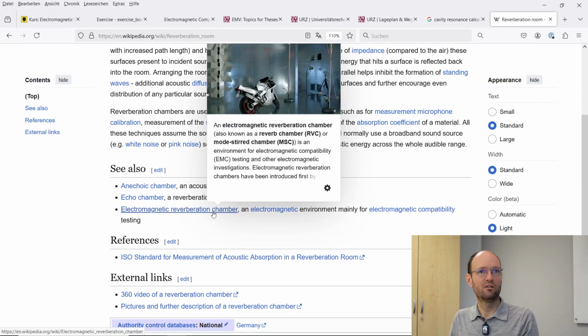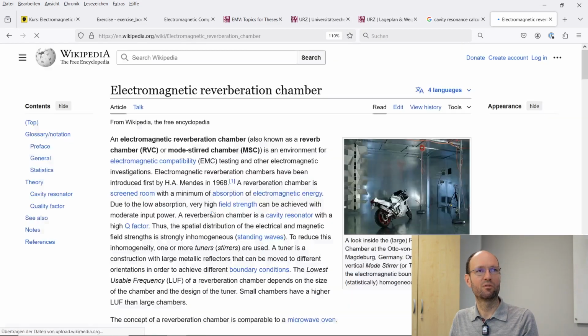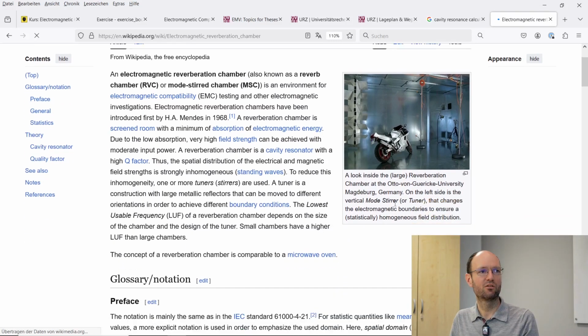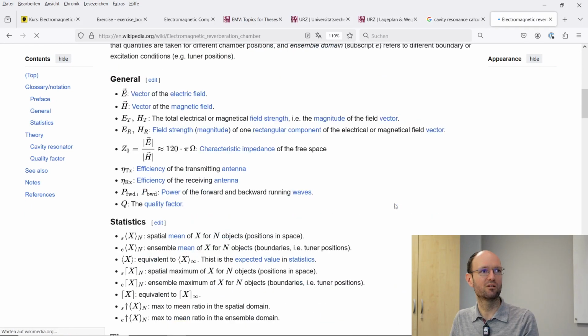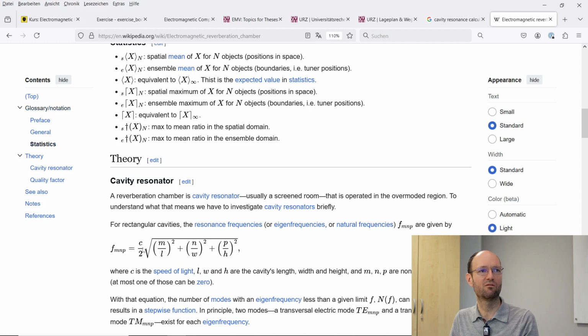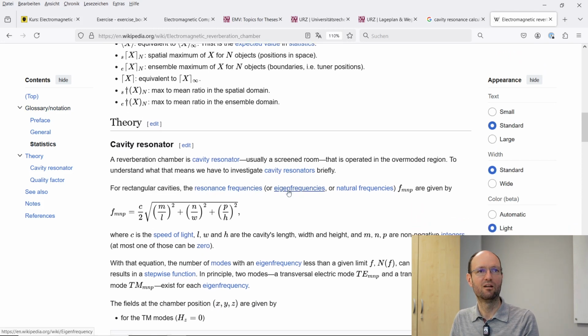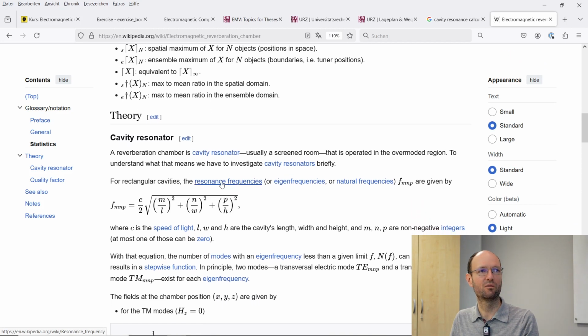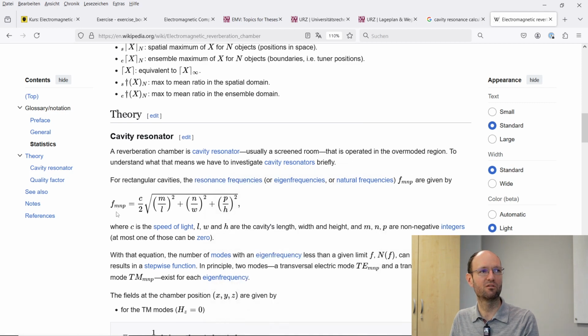And there we need to look for electromagnetic reverberation chamber, and here we find the picture of the chamber in Magdeburg, some general statistics, and here is the theory for the cavity resonator. Okay, so the eigenfrequencies, natural frequencies, resonance frequencies of some cavity resonator can be calculated by this formula.